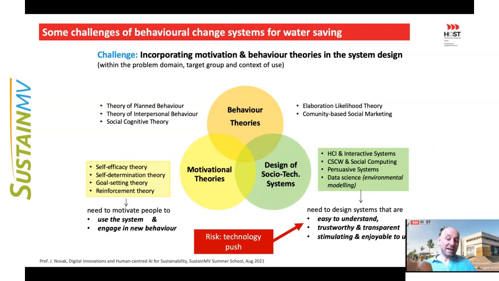But suffice it to say that the main underlying difficulty is that contributions from many different areas, such as motivational theories, behavioral theories, and the design of interactive systems, such as human-computer interaction, design of collaborative systems, design of persuasion systems, they all need to be brought together in order to design effective systems. And it is a challenge because we are bringing together different disciplinary areas, different research areas, which sometimes interact a little bit, but many times are quite far away from each other.